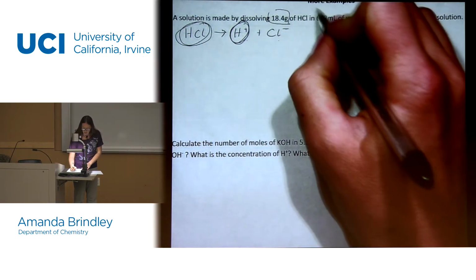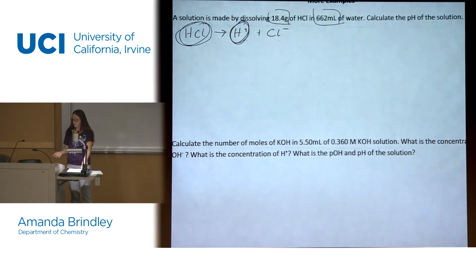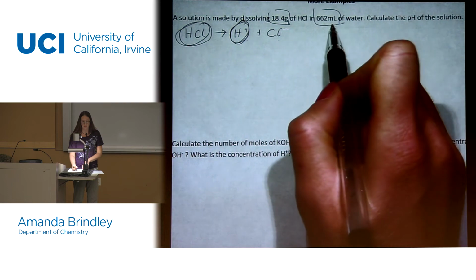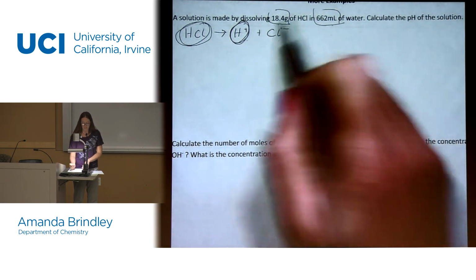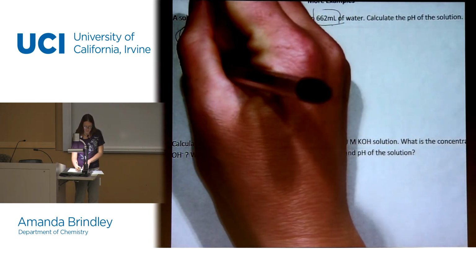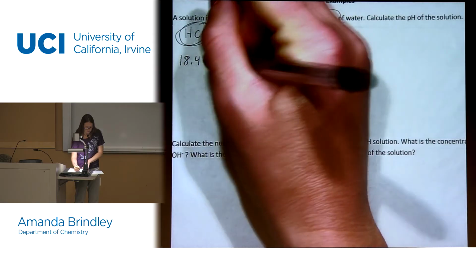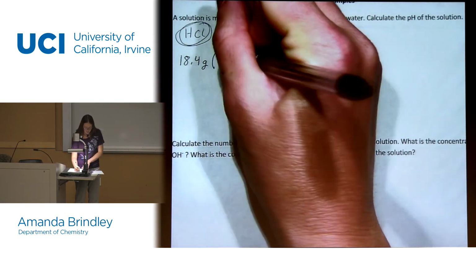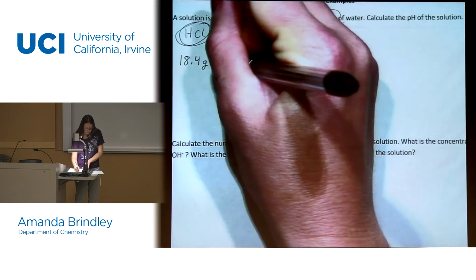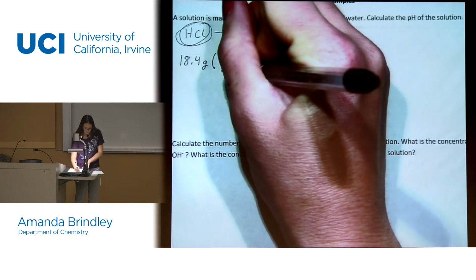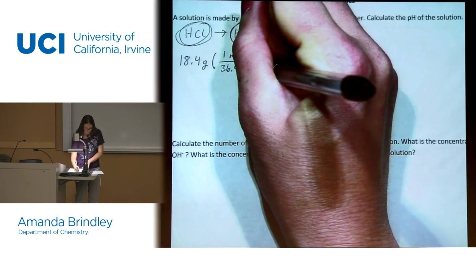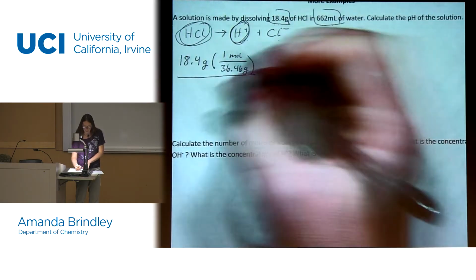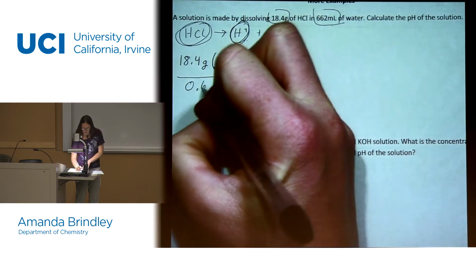We have grams, we have mils, so we need to convert this into, can we just do grams over mils? No, what do we need to do? Right. So we can take our 18.4 grams, we can use our periodic table, and I'm going to do this all in one step because I think we can handle it.